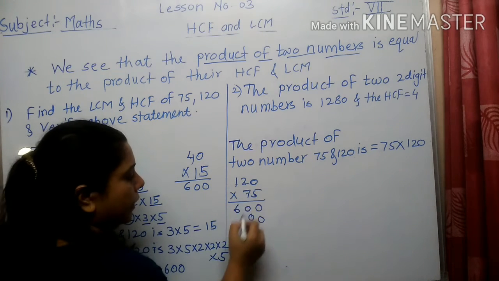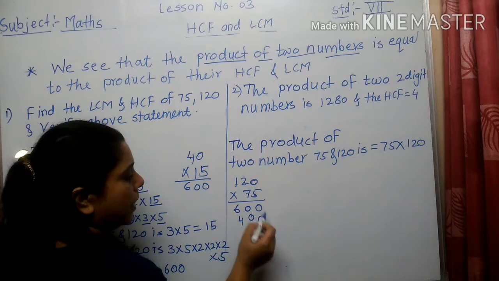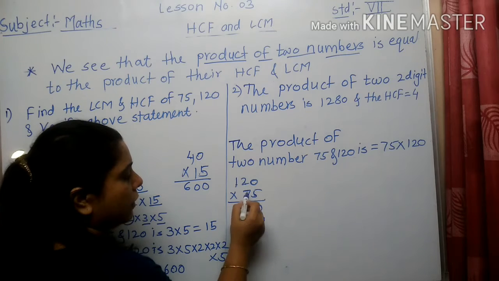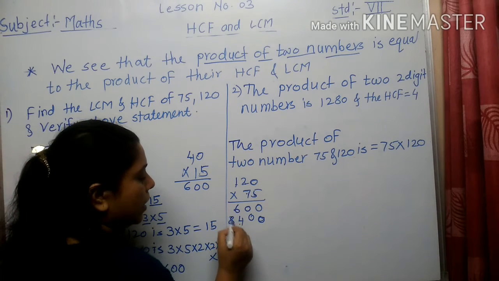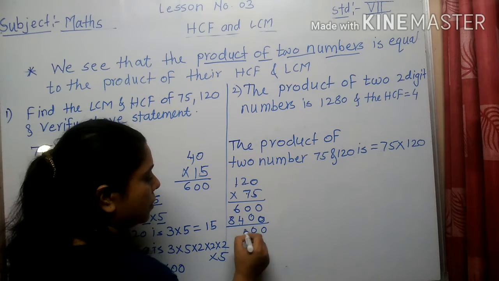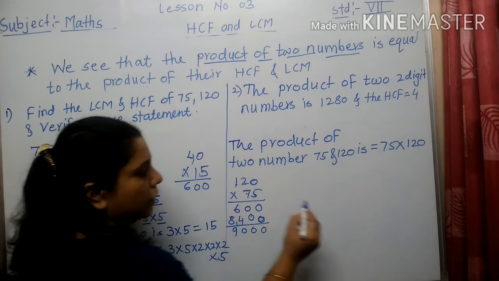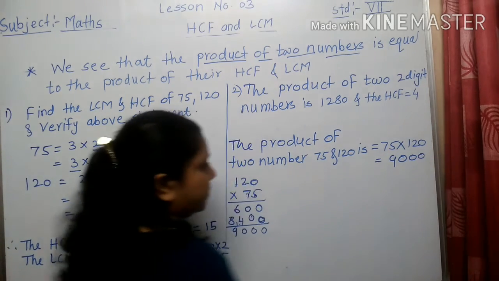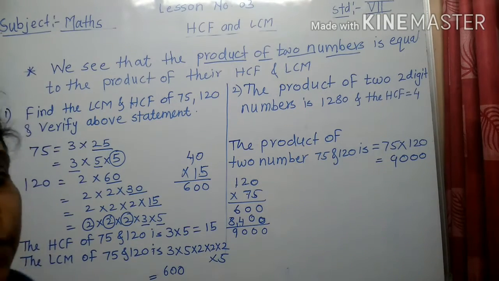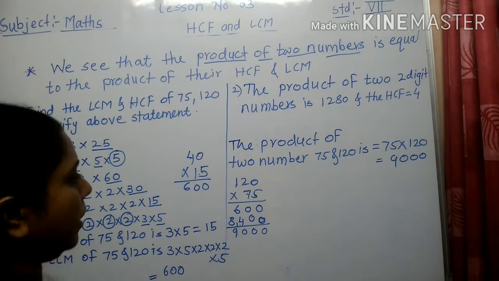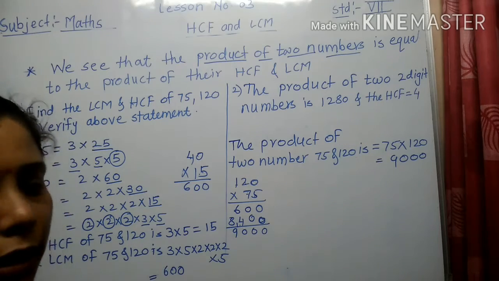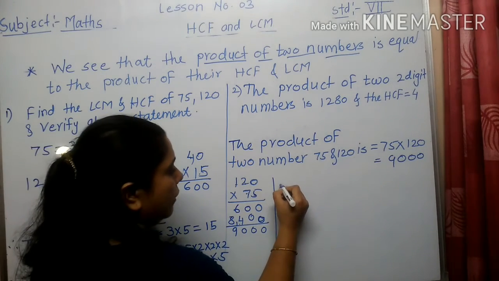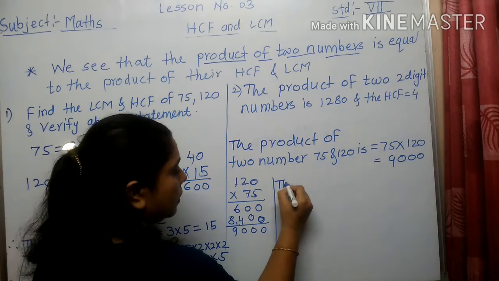Then 7 twos are 14, 1. 7 ones are 7 plus 1, 8. So what is the product over here? 9,000. Understood?